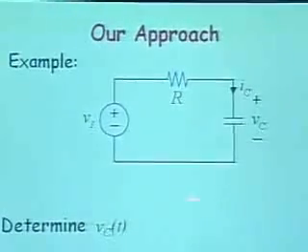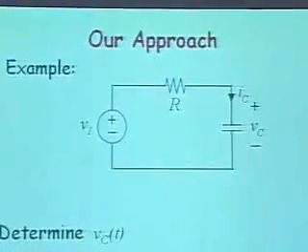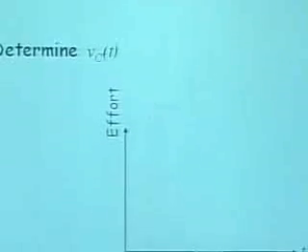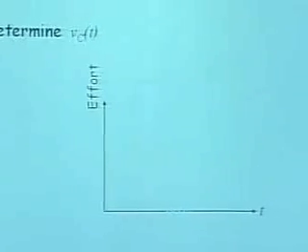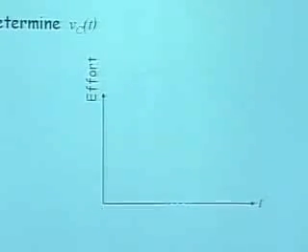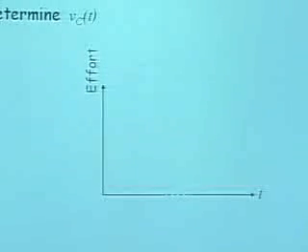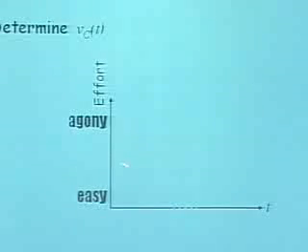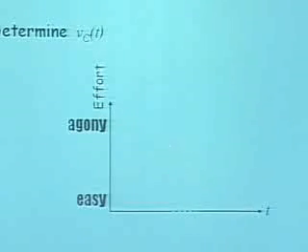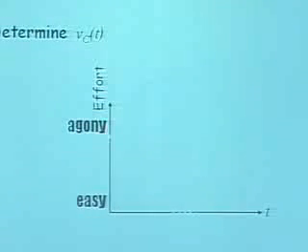To determine VC of t, on the y-axis is our effort: how hard do we have to work to solve this circuit for a sinusoidal input? Down here is easy, and up here is pure agony, a scale of effort level ranging from easy to complete agony.